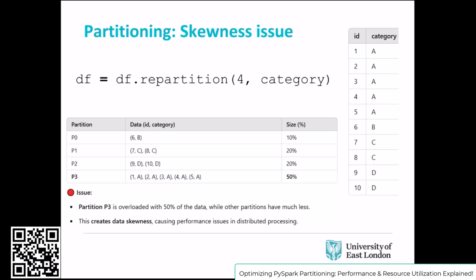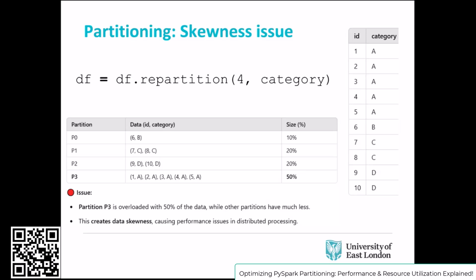Why? Let's consider this scenario. We have this data, we have many categories: A, just 1 B, 2 C, and 2 D, right? It comes with 4 different categories, but A is dominating, getting 4, 5 records out of 10. So you say, all right, Repartition, please do it again in 4 partitions.